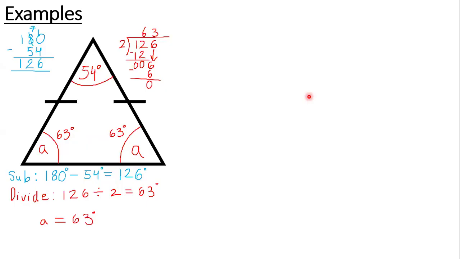Dion Thompson, do you understand how we got 63? Yes, sir. Okay, explain how we got 63. What's the first thing we did?